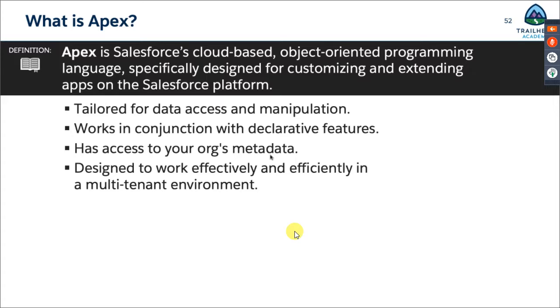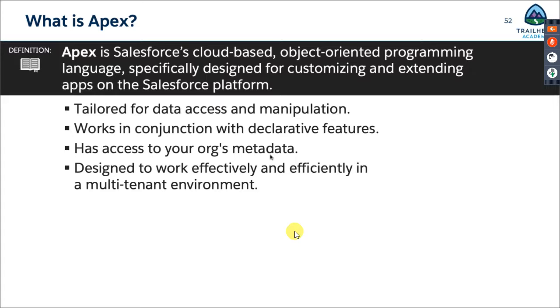All right, it works in conjunction with the declarative features. As we're going to see in the next slide, when you create a custom object or a custom field, Apex immediately has access to those objects and fields because it has access to your metadata.